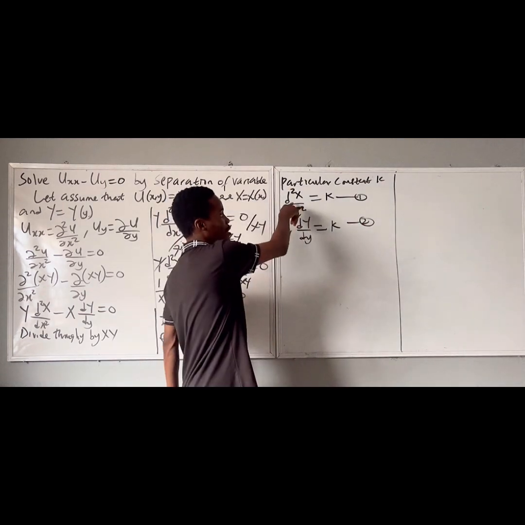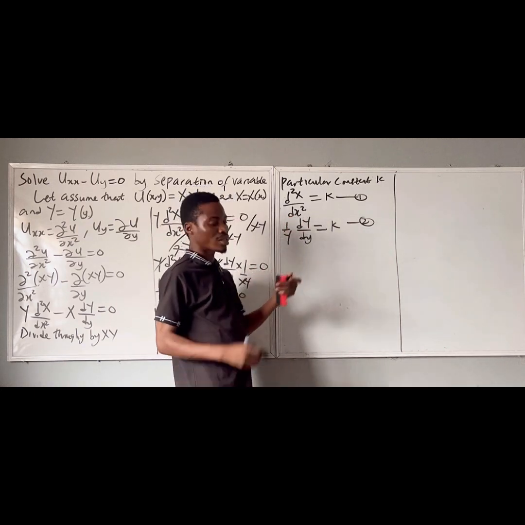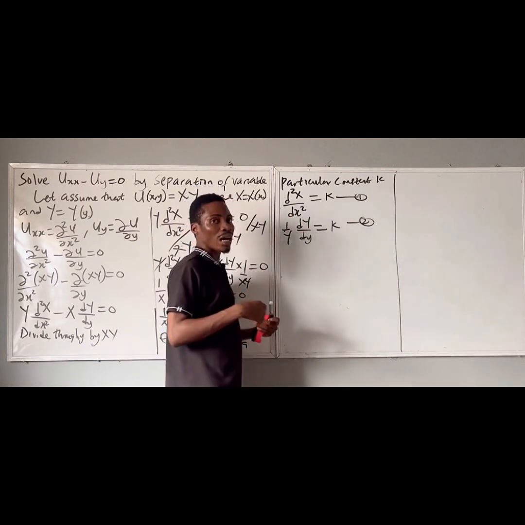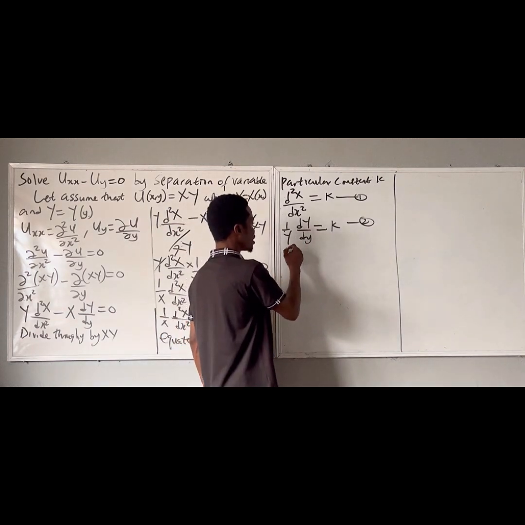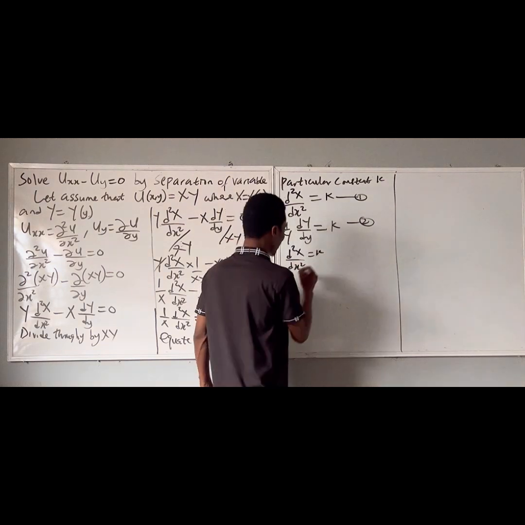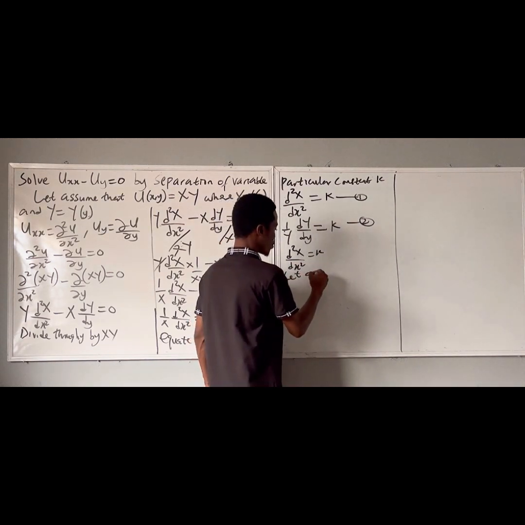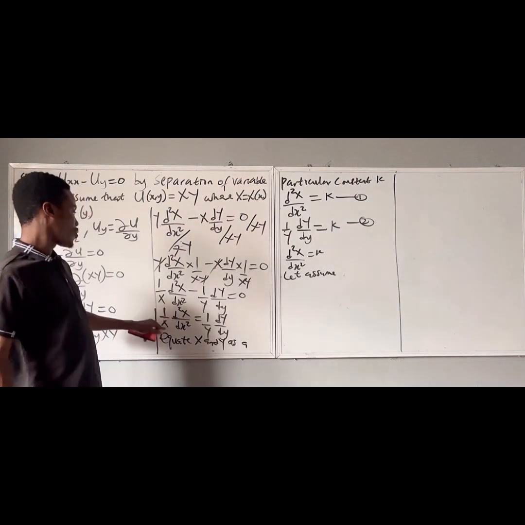So since I cannot integrate this, next step is to integrate, but this one is a second order. I cannot integrate second order. I will have to assume that d square s all over ds square is equal to k. Remember that I have 1 over x here.